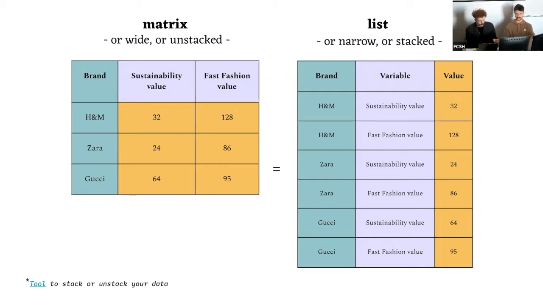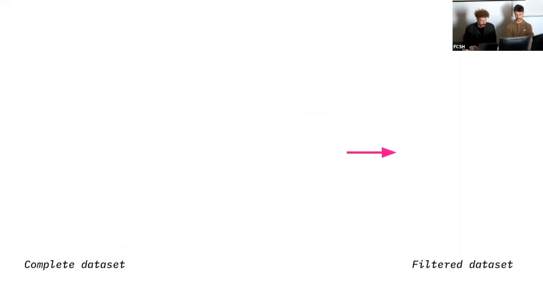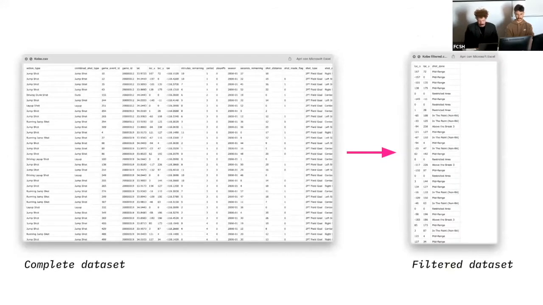If you have one type of dataset and you need to convert it to the other, don't worry, RAWGraph has your back, so you can use the tool that is linked below to convert it. There are differences between matrix and list datasets. For example, matrix is used for dispersion, matrices, hierarchical and network, and the list is used for time series and flows.